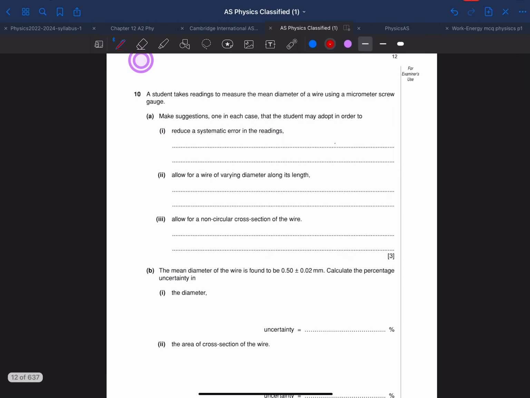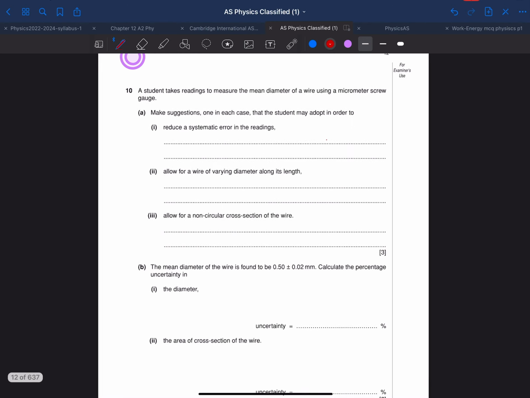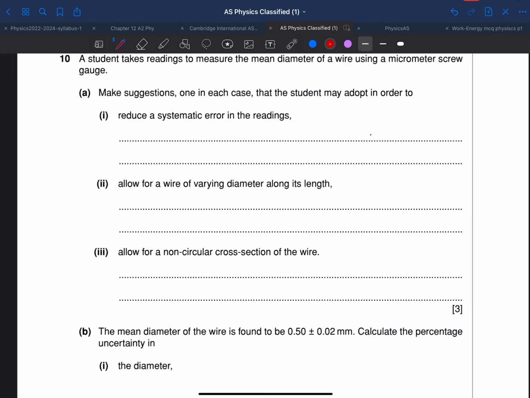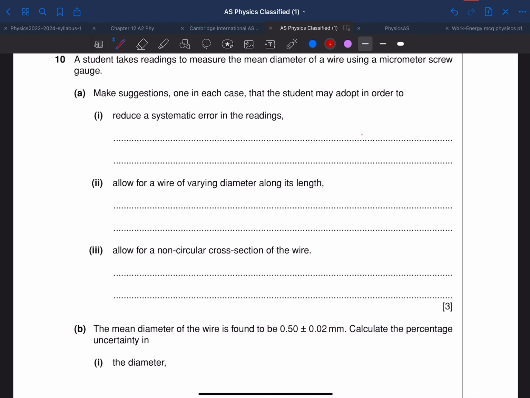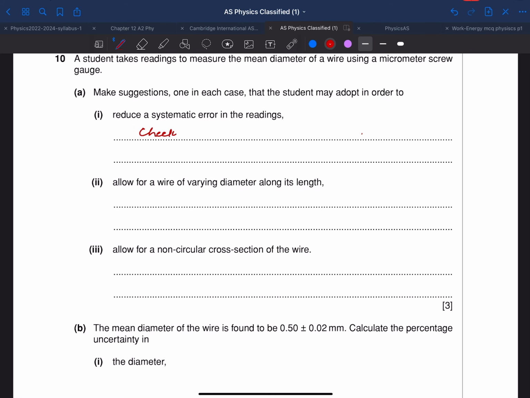So simply you can write that to reduce a systematic error, we will check and correct the zero error of the instrument.